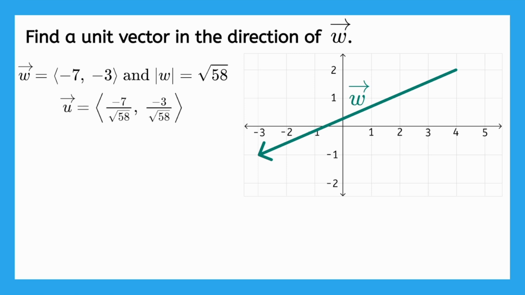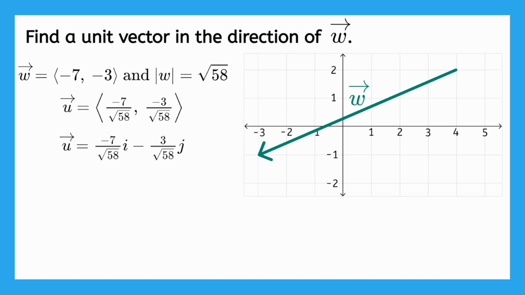We divide each component by the magnitude, which means that the component form of the unit vector is -7 over the square root of 58, -3 over the square root of 58. And in ai plus bj form, we get u equals -7 over √58 i minus 3 over √58 j.